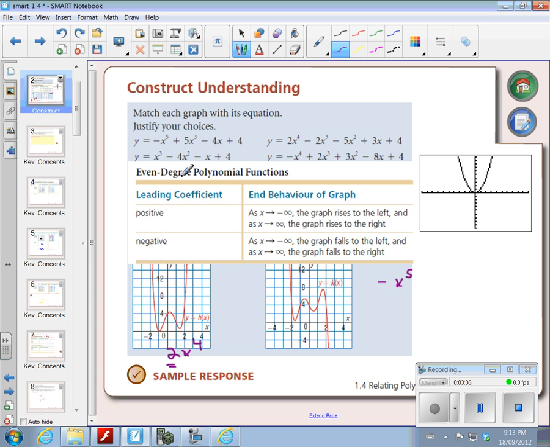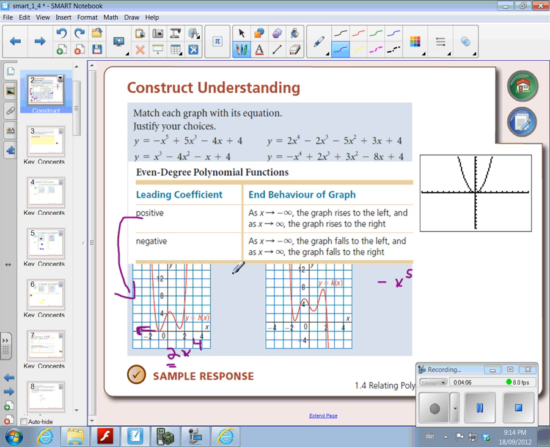It's an even degree because it's a power of 4. As x gets bigger, the graph rises to the right. And here it says as x gets really small, it goes to negative infinity as we go out this way. Notice I'm labeling that. If we get smaller and smaller for x, what's happening to the function? It rises to the left. So that would be an example of a positive lead coefficient.